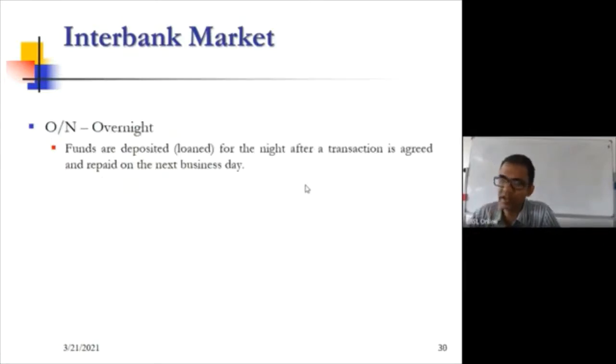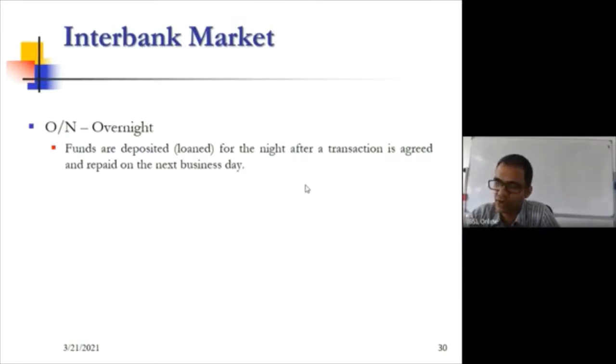I'll explain in the coming slides the meaning of each of these maturities. Overnight means you borrow today. That means the fund transfer is happening today itself. You will receive funds today if you are a borrower. If you are a lender, you transfer your funds to the borrower today itself, and repayment occurs on the next day.